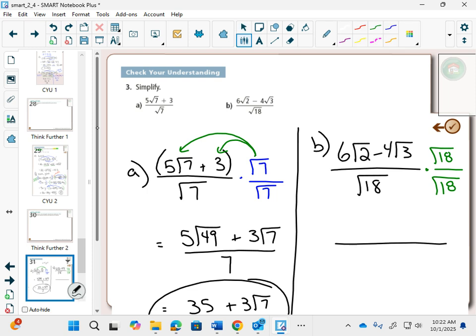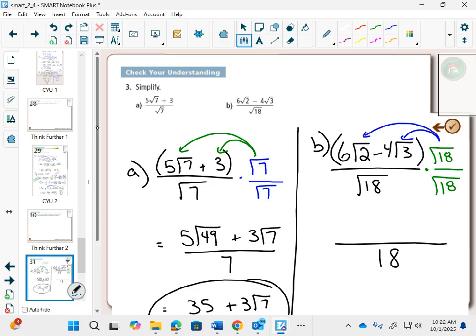Thank you. Or do you have a question? Yeah, this times this. It is a mixed fraction, 1 and 2/5. Can I change it? Yeah, no problem. So the root 18 times root 18, perfect, that becomes 18. On the top, do you see that you would have to distribute this in?